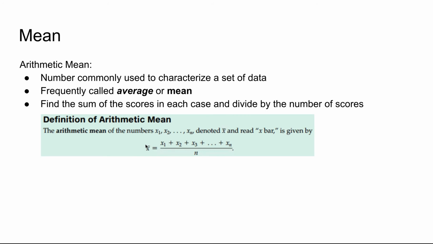The arithmetic mean of the numbers x1, x2, all the way to xn, is denoted as x bar. X bar is the mean of the sample data. Okay, when you are having statistics more in depth, you're gonna have mu. You don't have to know that now.